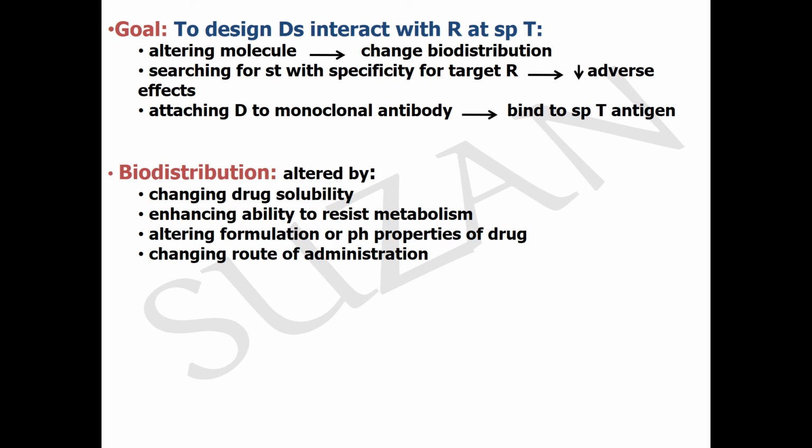The biodistribution can be altered in several ways, either by changing drug solubility or enhancing ability to resist metabolism, or altering formulation or physical properties of the drug, or changing the route of administration.